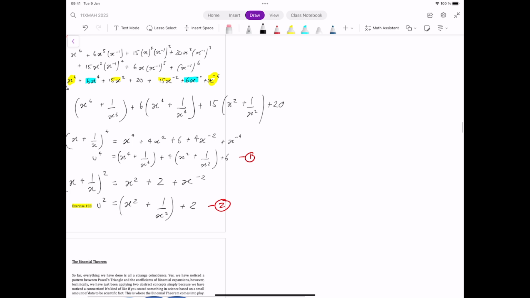I'm going to go on to the next page. So from equation 2, x squared plus 1 on x squared is equal to u squared minus 2. Okay, we're going to call this equation 3. And we're going to substitute 3 into equation 1.